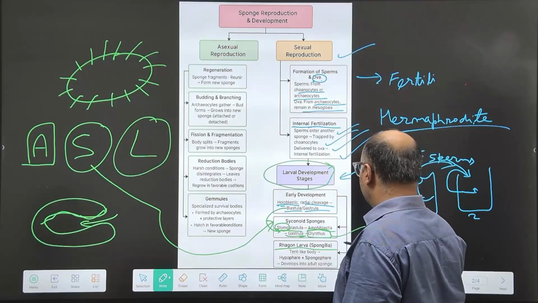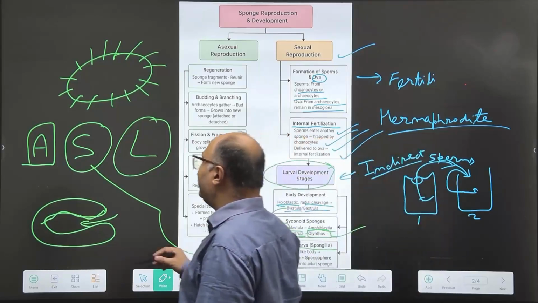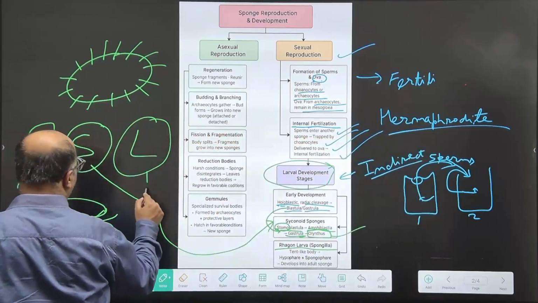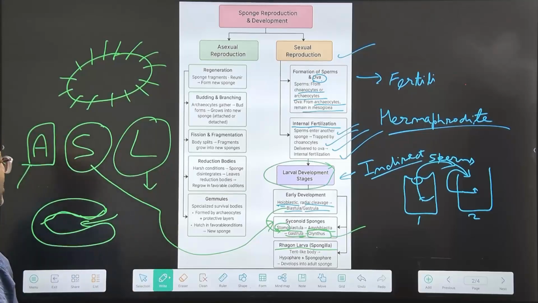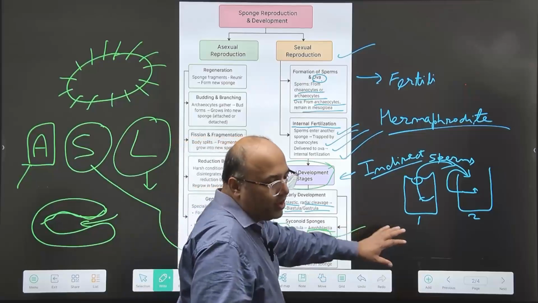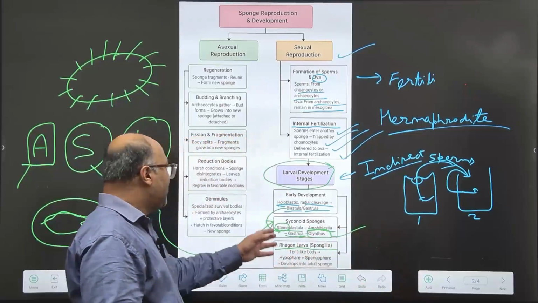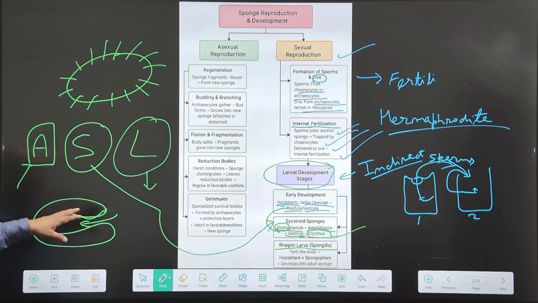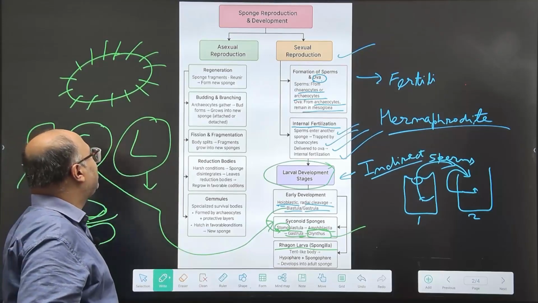Okay. So what about asconoid and leuconoid? How do they reproduce? In case of asconoid and leuconoid, that is not mentioned here. So since this is 200 words, you can have another 220 or 230 words by adding information about asconoid and leuconoid, which I have not covered in this table.